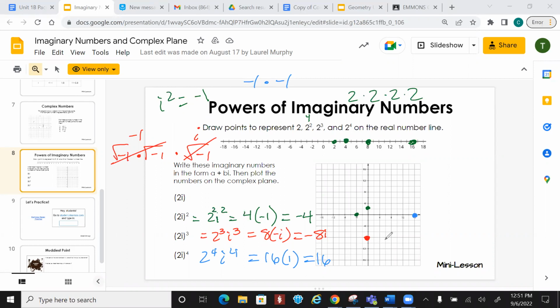One thing I want you to notice is how as we increase in exponents, we're literally going from imaginary to real to imaginary to real. As we're increasing in power each time, we're going all the way around. So what do you think the 5th power is going to be? If it was real on the last one, what do you think the 5th power is going to be?